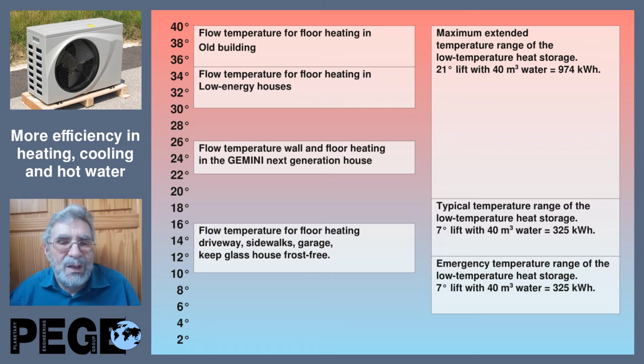When the weather forecast says, oh, very extreme cold weather ahead, we could theoretically go up to 40 degrees Celsius, and this would be 974 kilowatt hours of heat. And in an emergency, oh, very cold days, much longer than we thought, we could go down to 5 degrees, and these are another 325 kilowatt hours of heat.